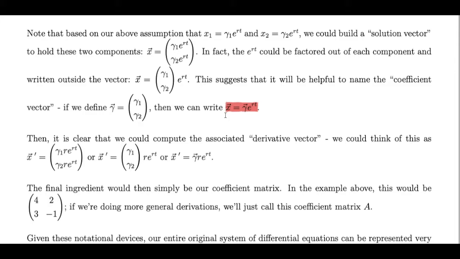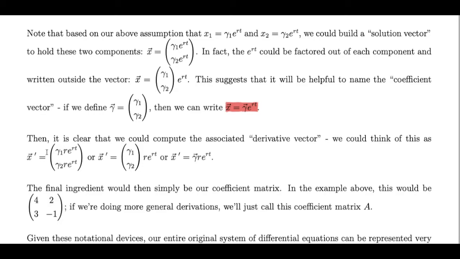So I'll write the vector x equals the vector gamma e to the RT. And maybe you can, just for reference, work backwards through this paragraph to see a fuller version of that solution vector if this concise notation is a little confusing. Then if my solutions are held in a vector, it's natural to hold my derivatives in a vector.